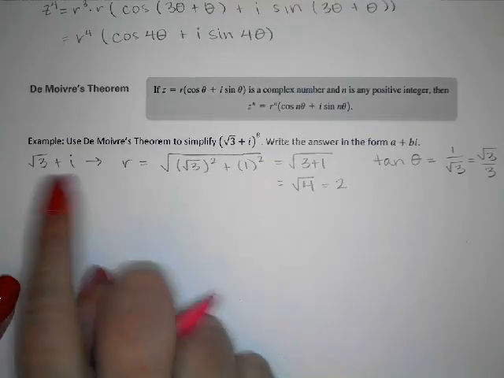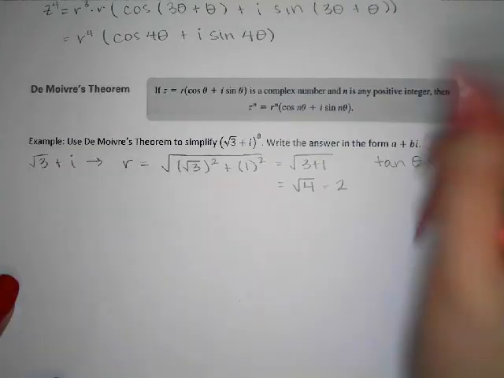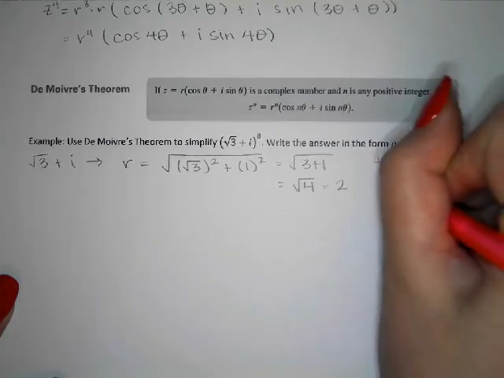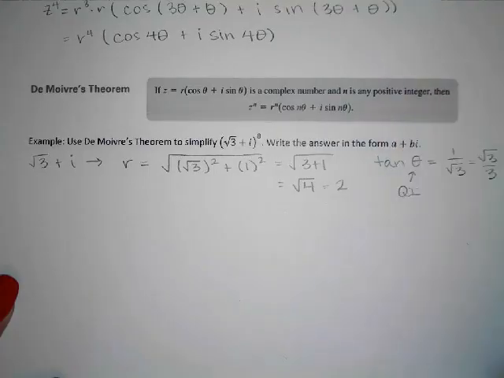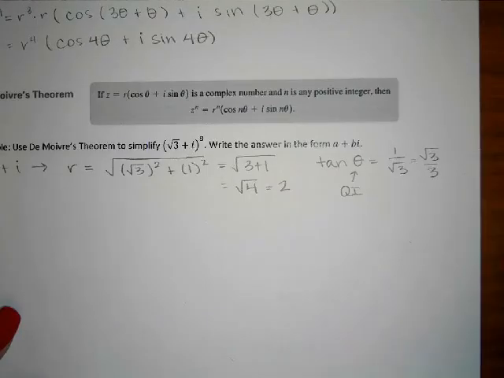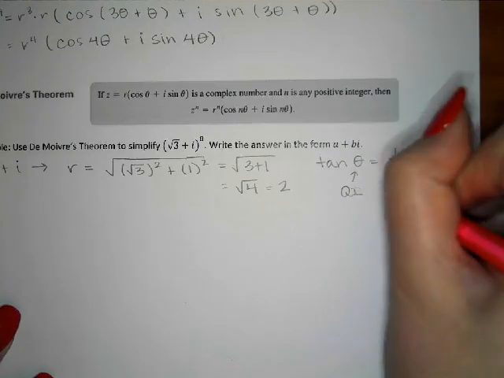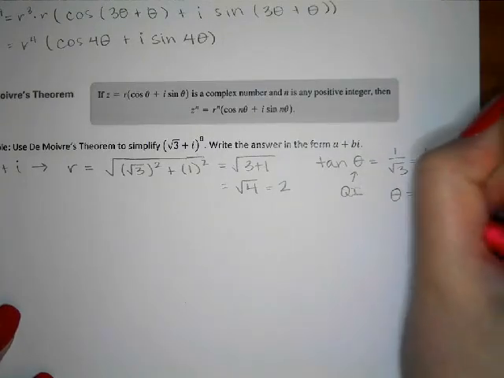This would be in quadrant 1. So I know that I'm looking for an angle in quadrant 1, where on the unit circle the y-coordinate divided by the x-coordinate simplifies to root 3 over 3. And that would be where the angle is pi over 6.